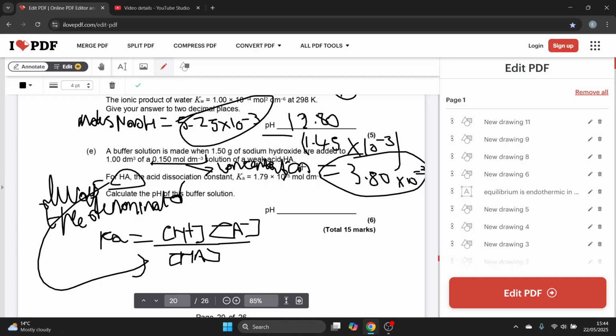So therefore, it's going to be a 1-to-1 ratio. And then you just do your normal stuff. And you get 4.27. Normal stuff: rearrange expression, find H plus, substitute into pH equals minus log H plus.